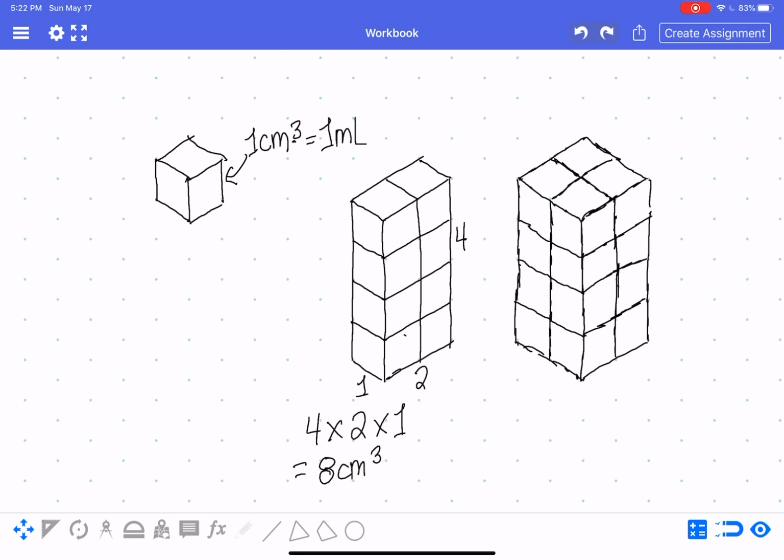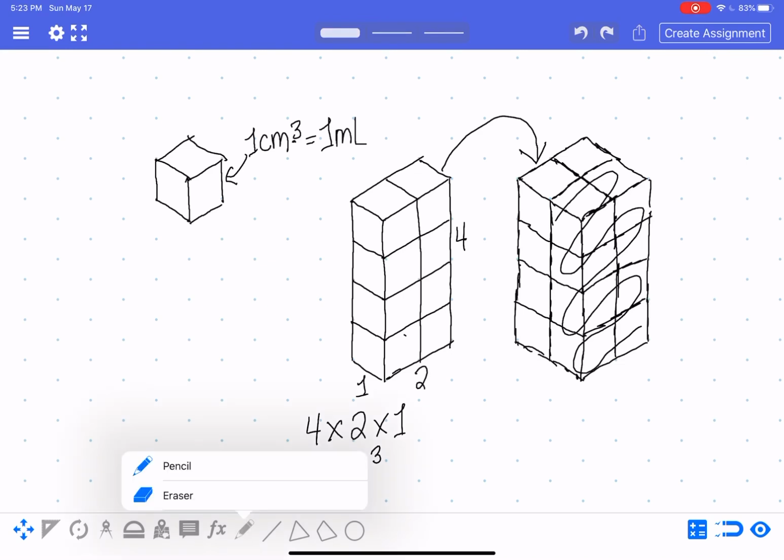Now, what I drew here is only part of the solution because this was the original rectangular prism. As we go forward, I basically did all of the front face here, so the dimensions have changed. I could say that it still has a length of 4, a width of 2, but instead of 1, now the height is 2.